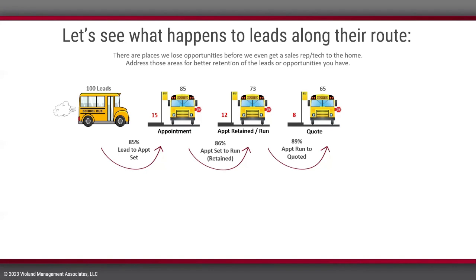We never even gave them an opportunity to buy from us. For whatever reason, maybe there was just not work there that we could do, or maybe our closer got behind on his paperwork and never got around to giving a quote. For whatever reason, though, eight of them we lost because even though we went out there and we were face to face with them, we never gave them an opportunity to buy. Okay, all right.